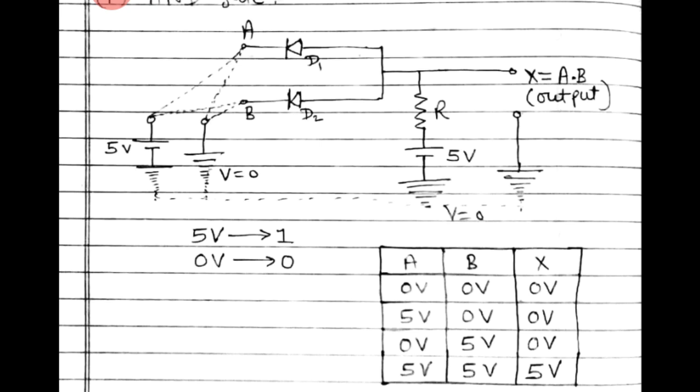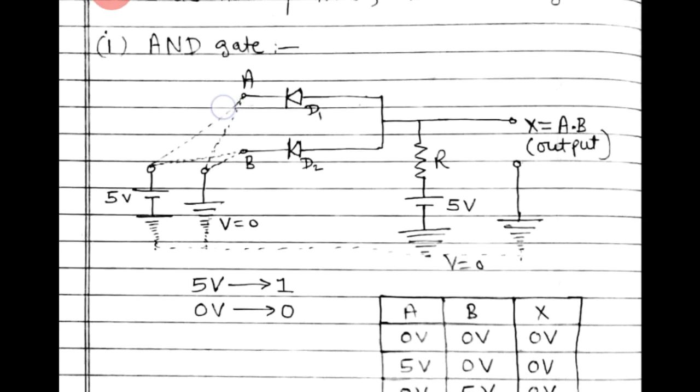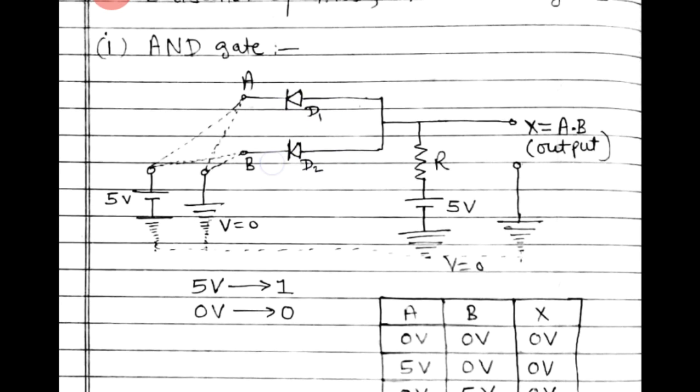Now we will take 5 volt at A and B, so 5 volt and 5 volt here. Here we see that there will be no current flow, because now both are unbiased.